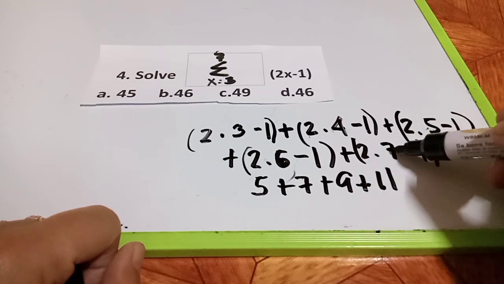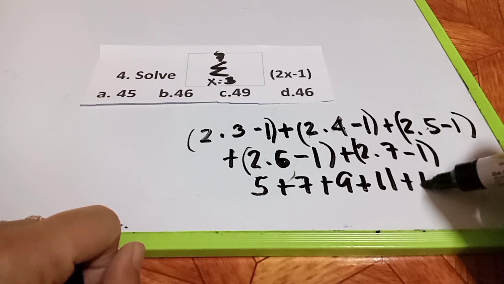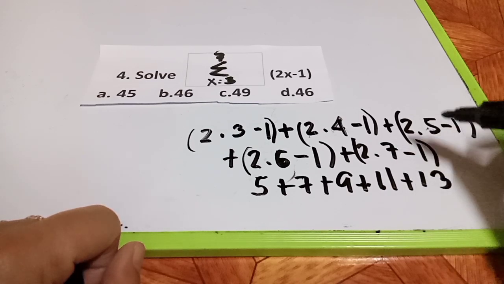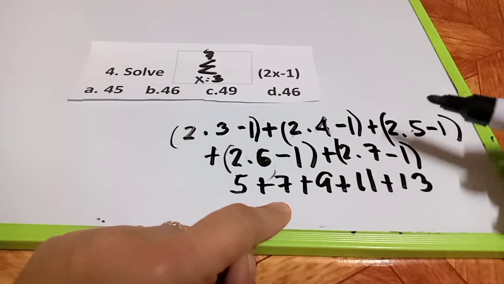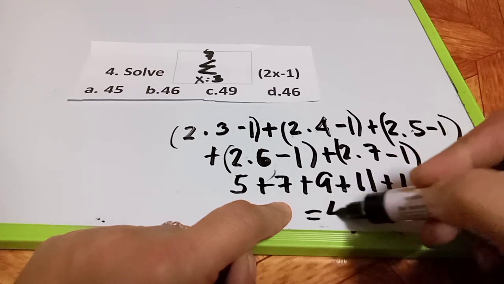Plus 2 times 7 is 14, and 14 minus 1 becomes 13. So 5 plus 7 plus 9 plus 11 plus 13, the answer is 45.